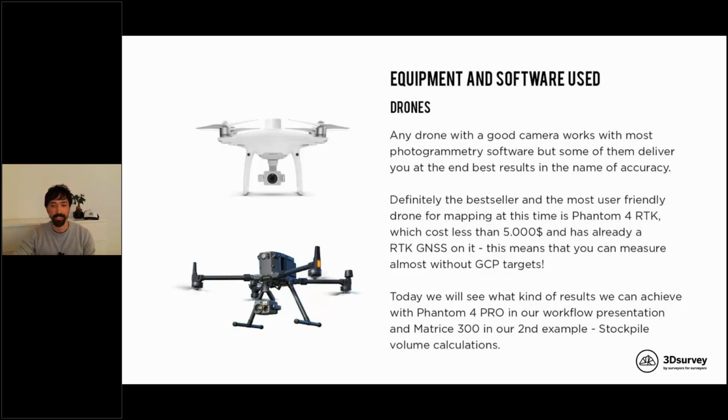Definitely the best seller and the most user-friendly drone for mapping at this time is the Phantom 4 RTK, which costs less than $5,000 and has integrated RTK GNSS. This means that you can measure the site almost without ground control point targets.